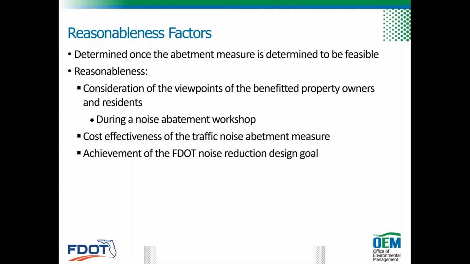The reasonableness factors are determined once the abatement measure is determined to be feasible, and reasonableness is determined based on the viewpoints of the benefited property owners and residents, the cost effectiveness of the traffic noise abatement measures, and the achievement of the FDOT noise reduction design goal.